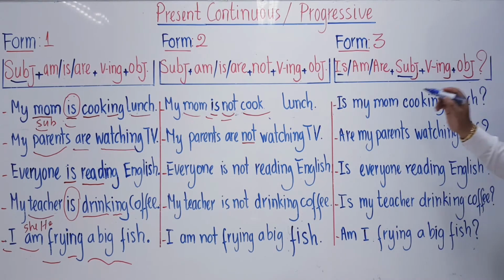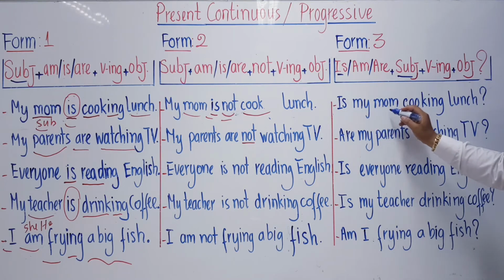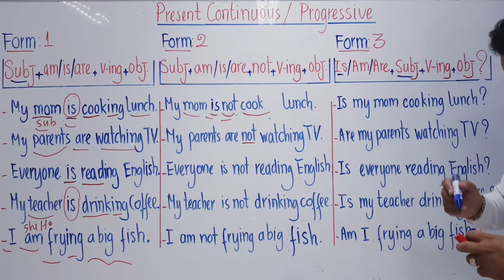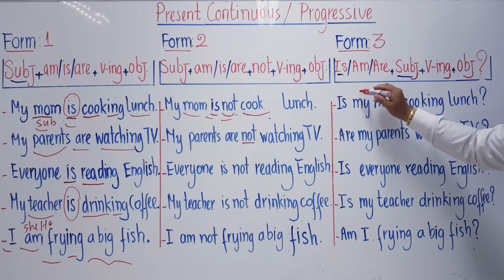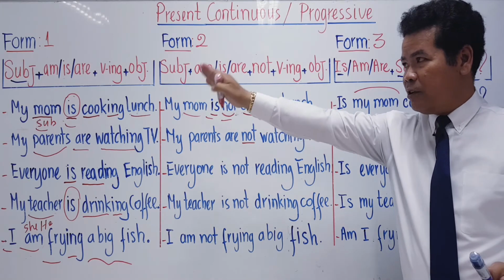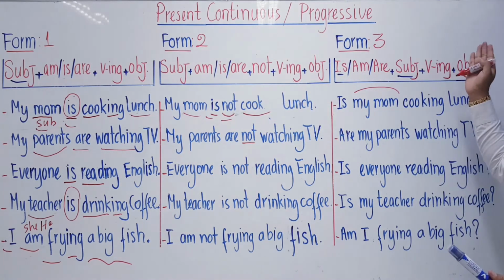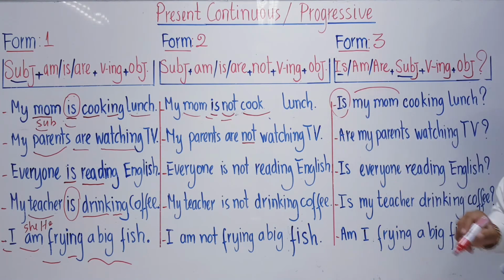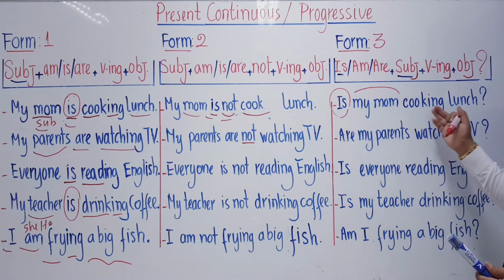For example, is my mom cooking lunch? Can you see that? My mom is the subject. In the positive form, it stands in the front. But when we go to question, my mom comes after the part of verb to be. So, is my mom cooking lunch?